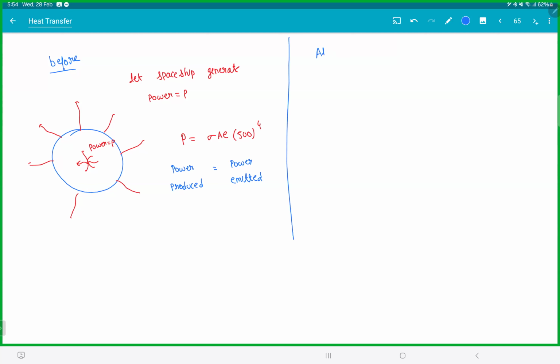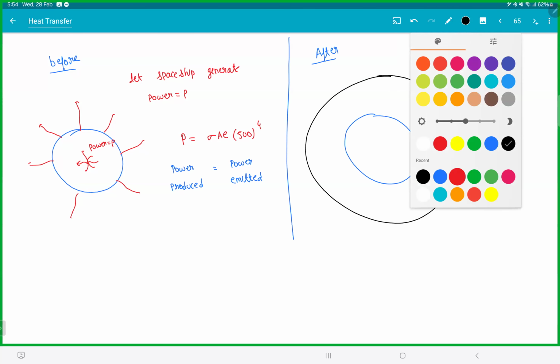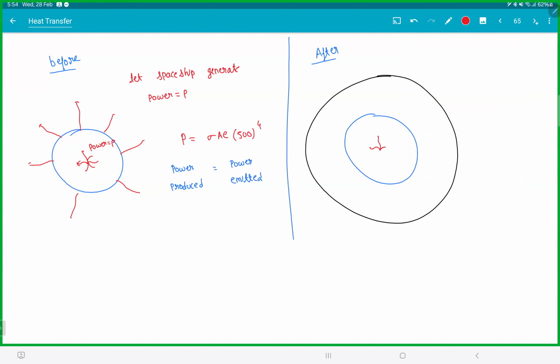after covering with a shell, now tell me one thing. The spaceship will still continue to produce same power. Agreed? Spaceship doesn't care what is happening outside. It will continue to produce same power. Now you tell me, in steady state, power emitted by the shell, shouldn't this also be power P only?